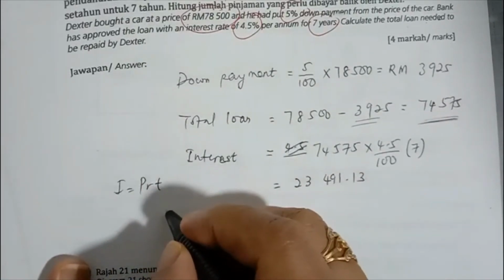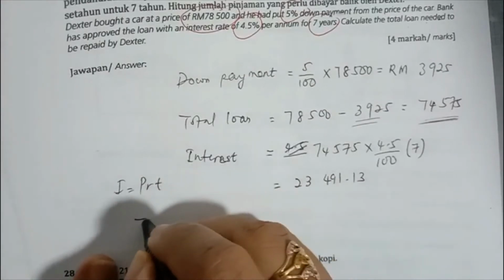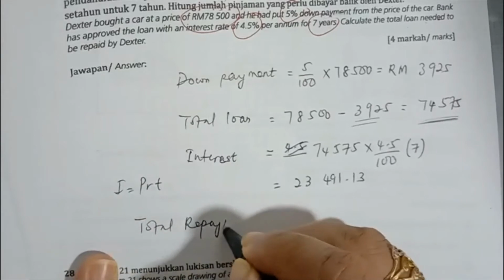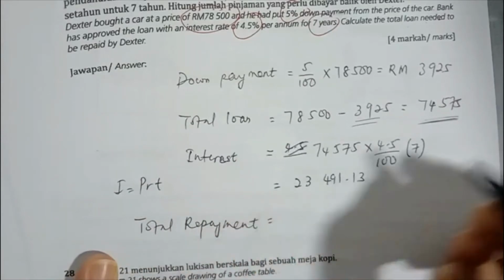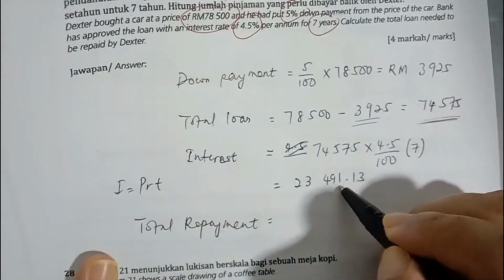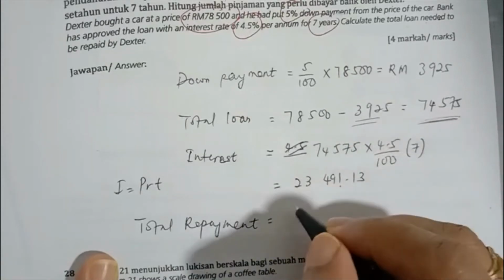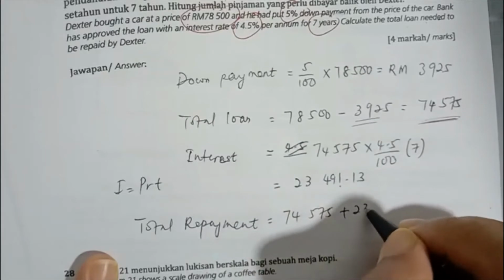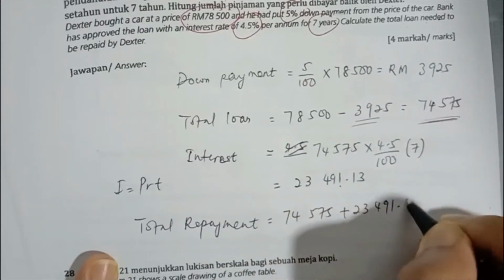So what is the total repayment? So total yang dia kena bayar balik, total repayment yang dia perlu bayar, jumlah yang dia pinjam kena plus dengan interest. So 74,575 plus 23,491.13.